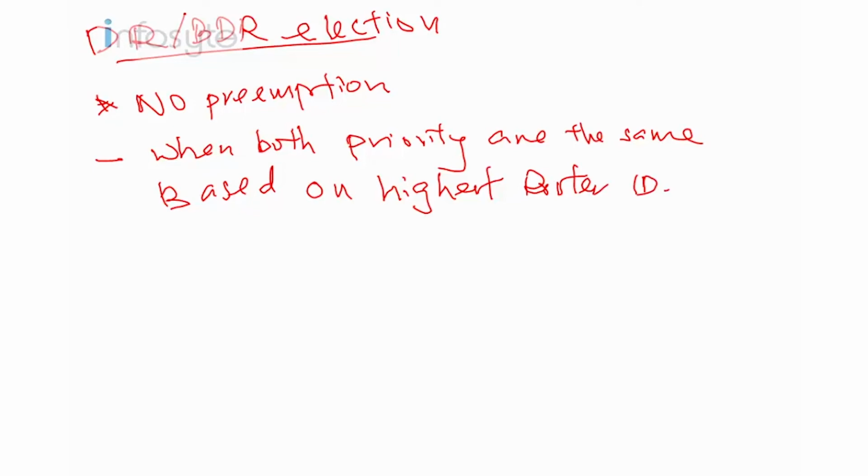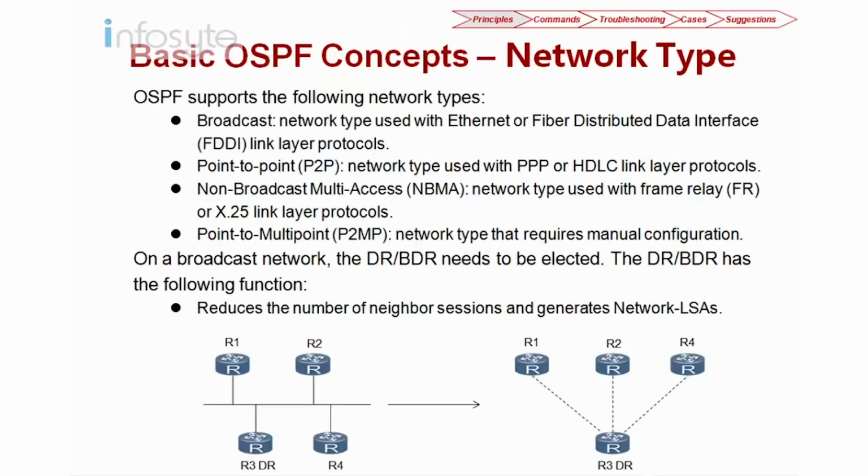Whoever has the highest router ID becomes the DR, and the second highest becomes the BDR. So this is more on the DR/BDR selection, how they select the DR and how they select the BDR.